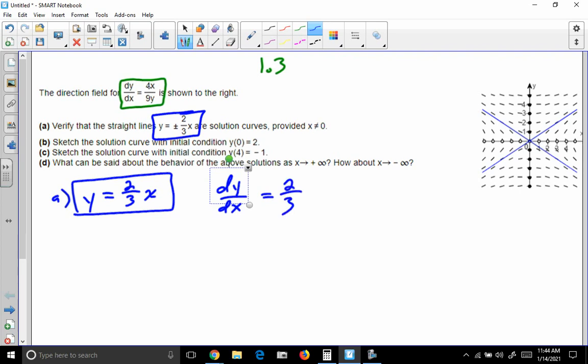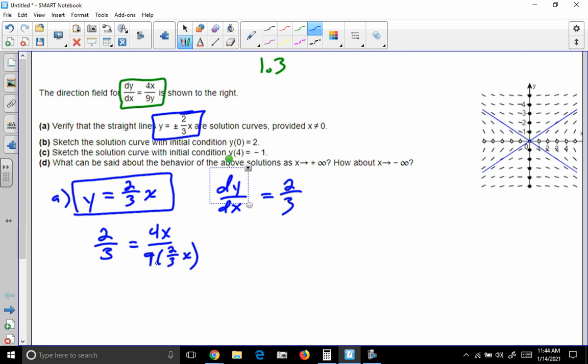So we can go to our differential equation, dy dx, put 2/3 in place of y, put 2/3 x. And we want to see if this is a true statement. Yes, substituting the derivative of our quote-unquote solution for dy over dx and putting our solution in for y gives us a true statement, then yes, indeed, that is the solution.